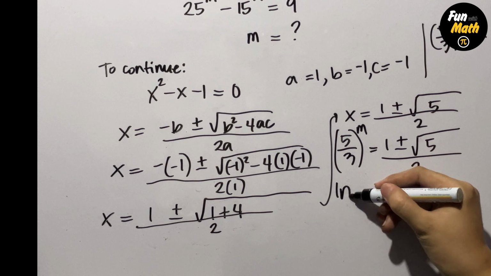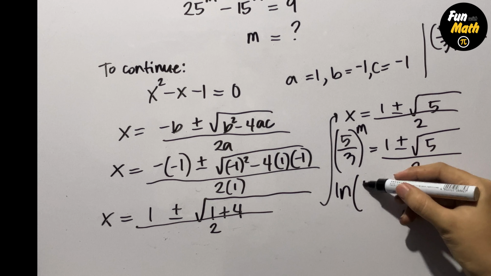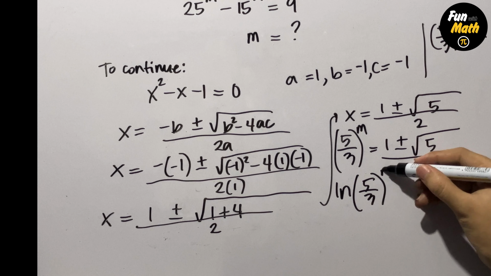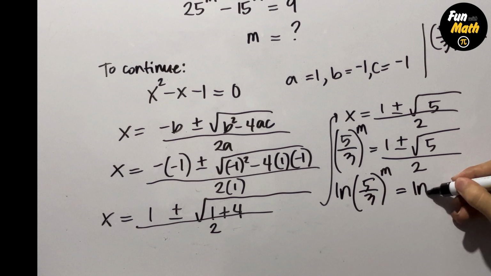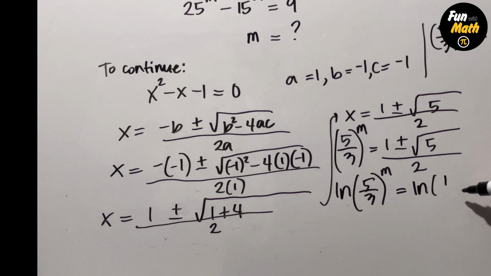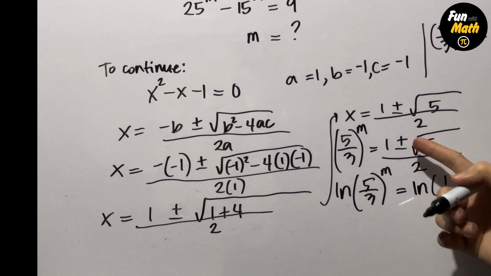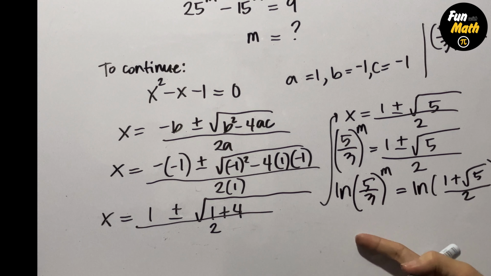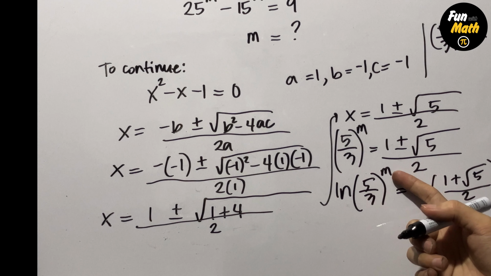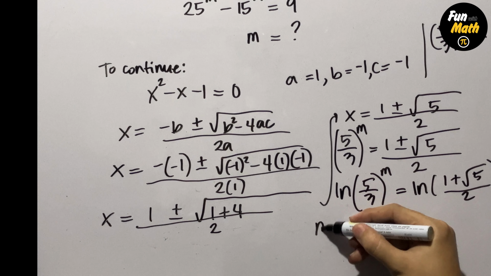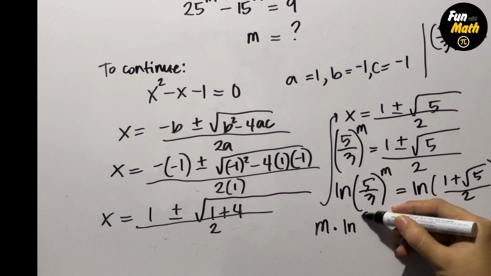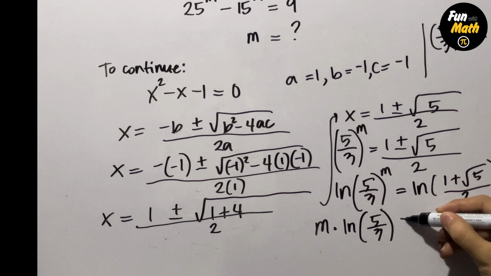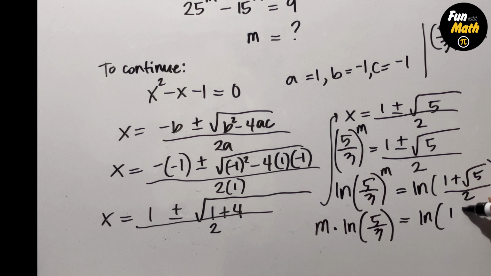So this is ln of 5 over 3 whole to the power of m equals ln of 1 plus, we use only the positive sign, so plus square root of 5 all over 2. The next, for the power of m, we can bring it down here. So this is m times ln 5 over 3 equals ln of 1 plus square root of 5 all over 2.